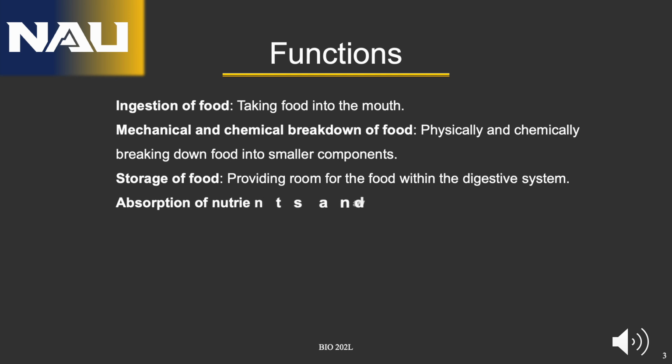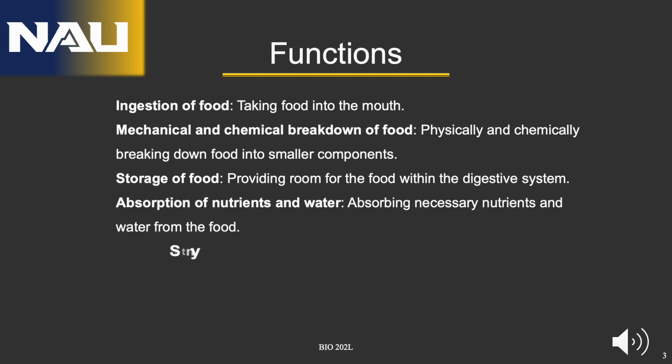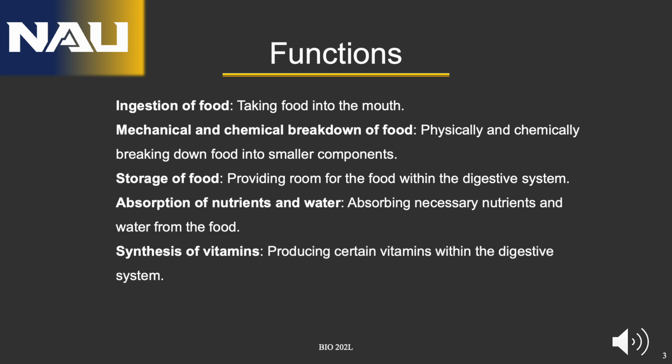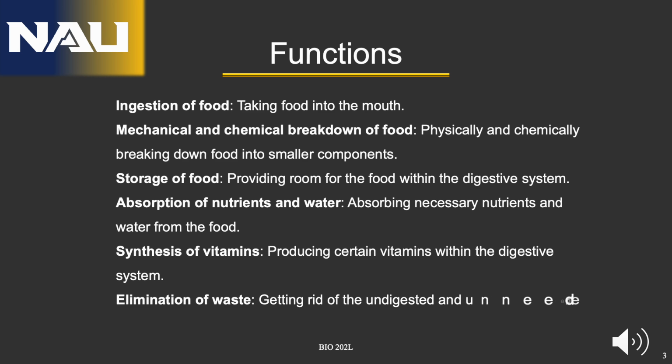Next, we have absorption of nutrients and water. This occurs as the system absorbs necessary nutrients and water from the food. Additionally, the digestive system is involved in the synthesis of vitamins, producing certain vitamins necessary for our bodily functions. Finally, the system handles the elimination of waste, getting rid of the undigested and unneeded parts of food.